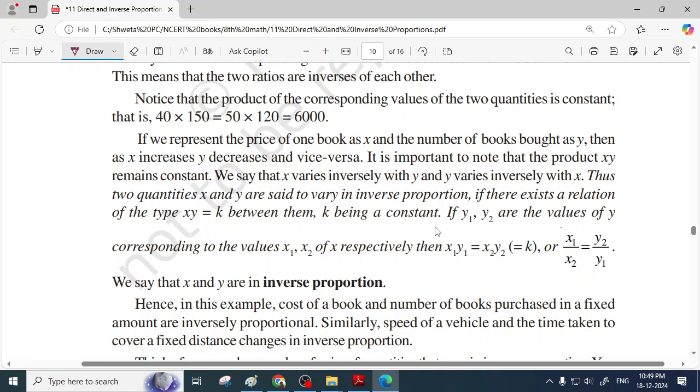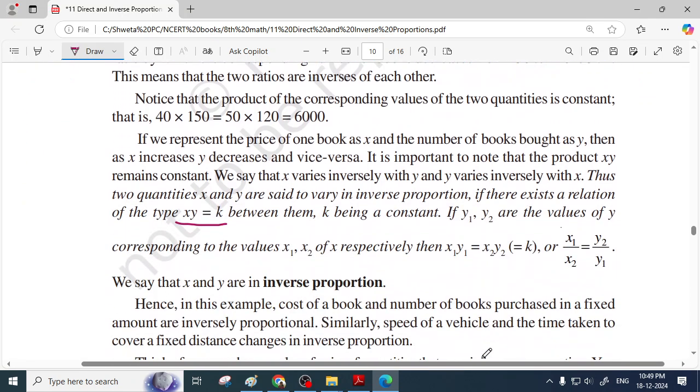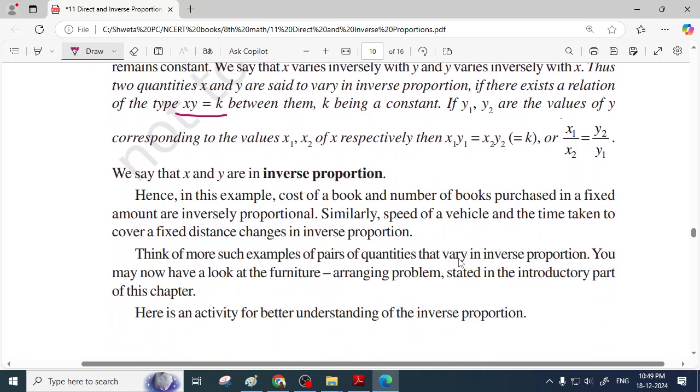Thus two quantities x and y are said to vary in inverse proportion if there exists a relation of the type x into y is equal to k. K is constant and x into y means the product of those numbers. So if this product is constant for all the pairs of numbers x and y, then we say that x and y are in inverse proportion.